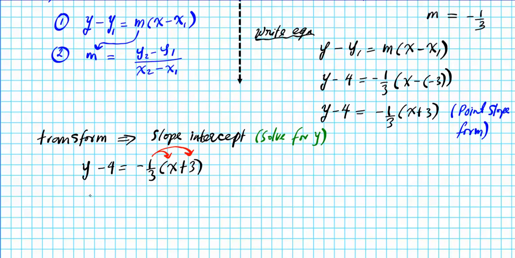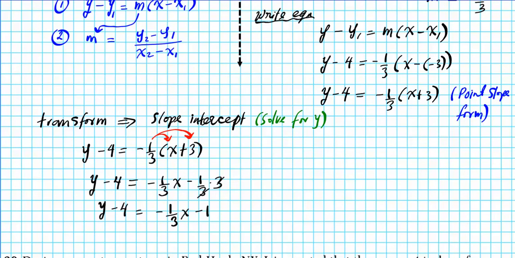That yields y minus 4 equals negative 1/3 x minus a third times 3. So we have y minus 4 equals negative 1/3 x, these 3's divide out, minus 1. Final step, we just add 4 to both sides.